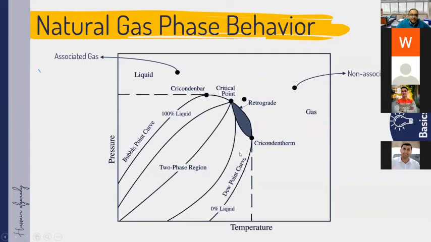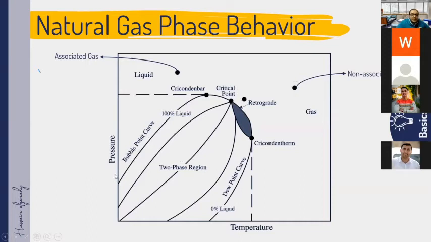So the dew point curve is the differentiation between the gas region and the two-phase region. And as a definition, the dew point at a certain pressure is the first temperature at which the liquid starts to appear.